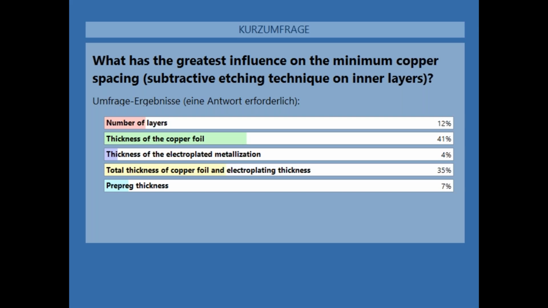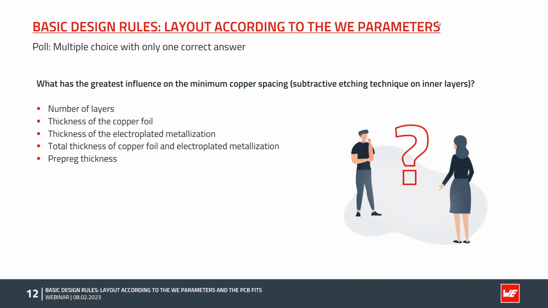So the prepreg thickness has a dependency on the copper thickness. So if we have thick copper, we also need a lot of prepreg to fill in all the spacings between the thick copper. But there is no dependency of the minimum copper spacing on the prepreg thickness. So thank you very much for your participation in this poll, and let's have a closer look at the background of these things.